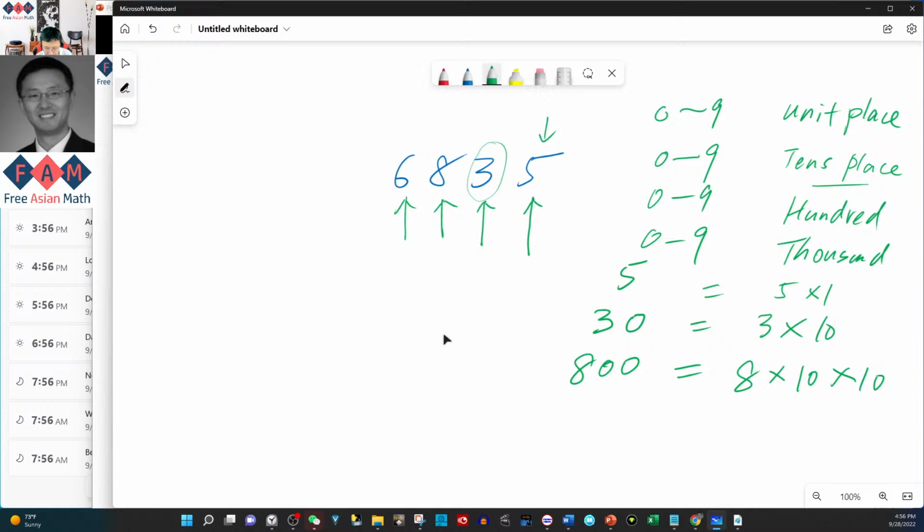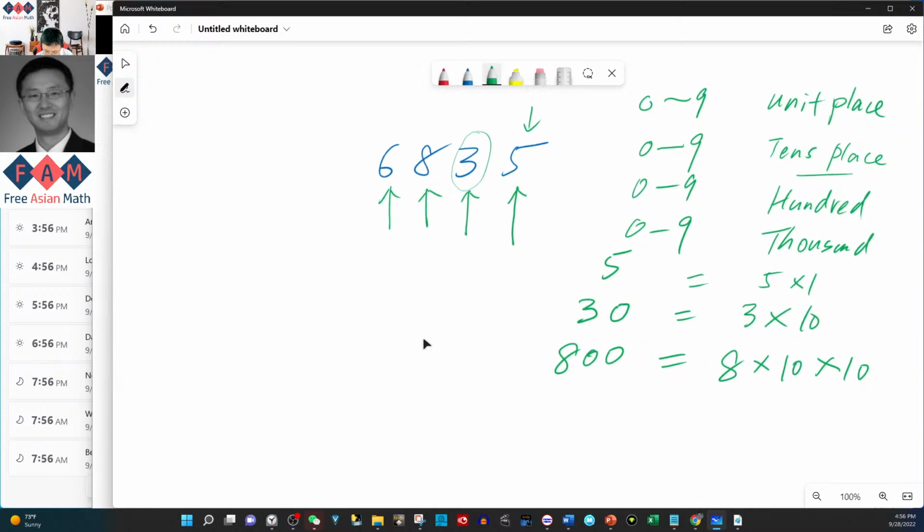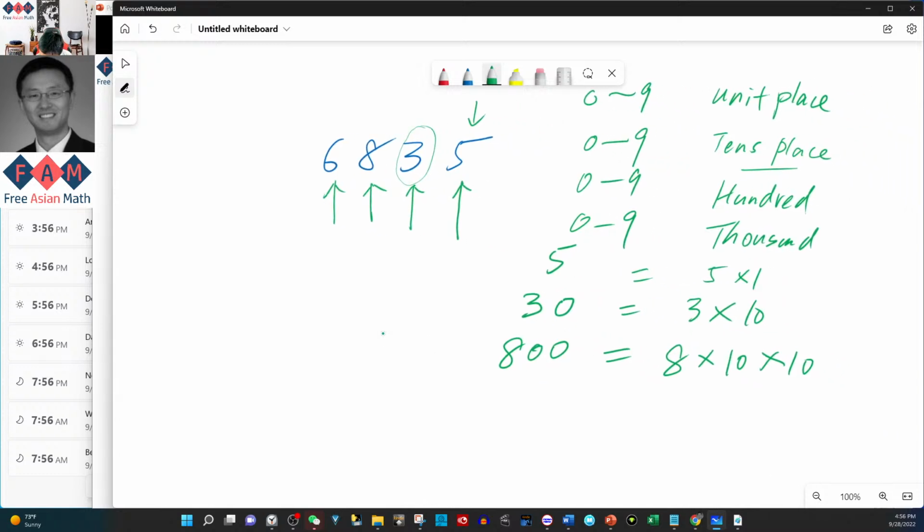And for those of you who are really advanced, you probably have heard this can be written as 10 to the second power. This is 10 to the first power. And what is 1? 1 is actually, we artificially define it as 10 to the 0 power. Anything to the 0 power, any positive integer to the 0 power is 1. So that's just, we will study this later, but just a side note.